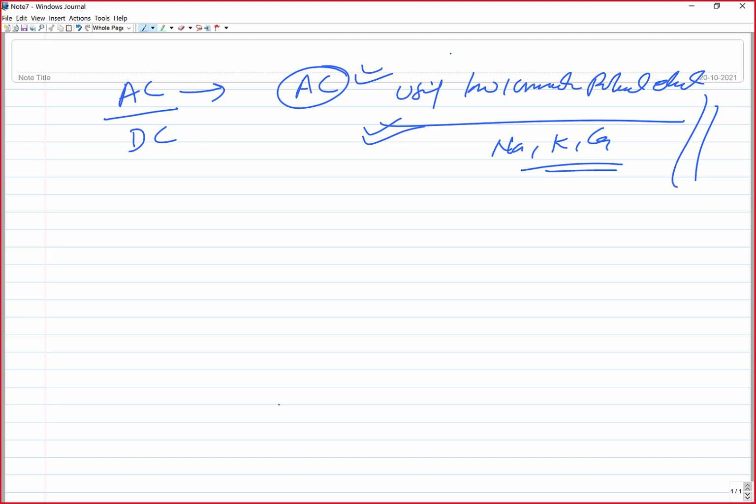So the use of low ionization potential elements for AC is very important. Certain electrodes can be used for AC, and obviously those electrodes will have a high proportion of low ionization potential elements so that they can emit electrons very easily. For DC, you can even use the bare electrode, but it will be good if there is some amount of low ionization potential element. It will be good for the arc as well.